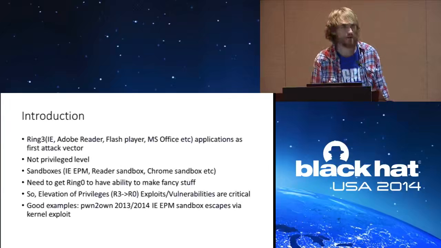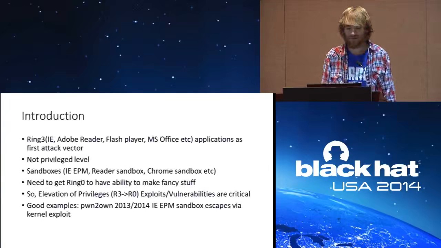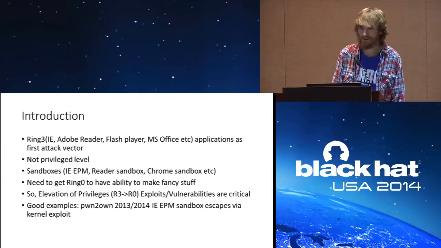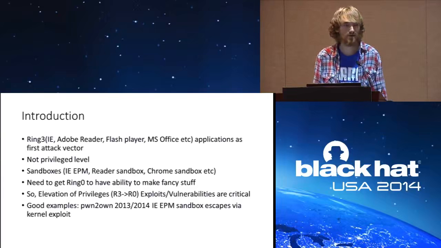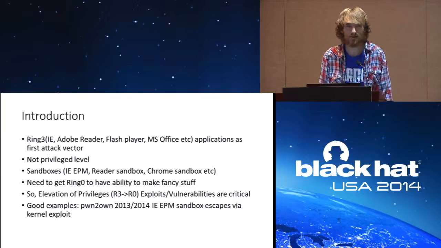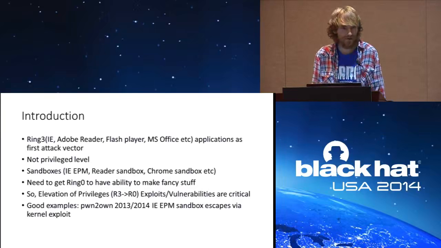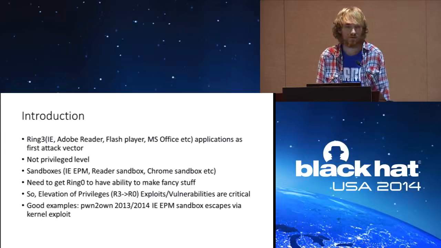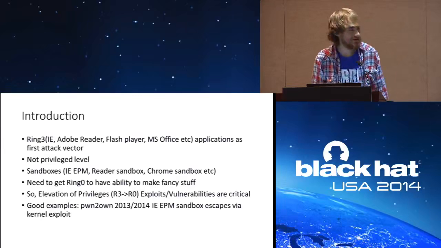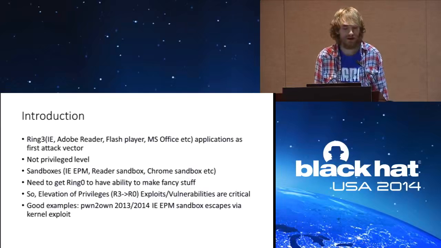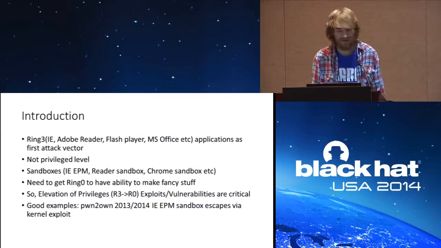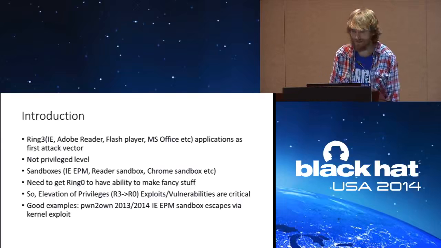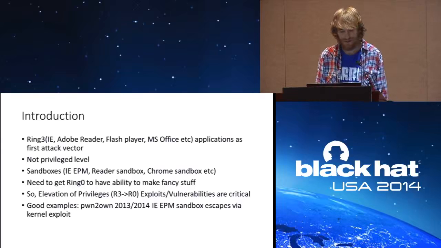Talking about the kernel, especially pool overflows, if we take a look at how a system gets compromised, the first step is the so-called drive-by download. For example, you're surfing some website that contains an exploit pack, and the attacker gets execution, but in ring 3, and nowadays in a sandbox.